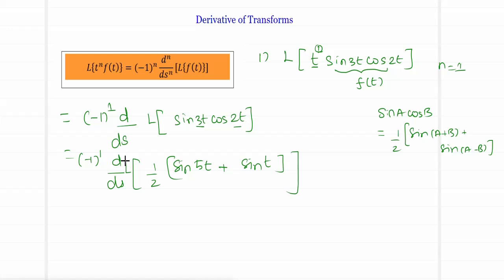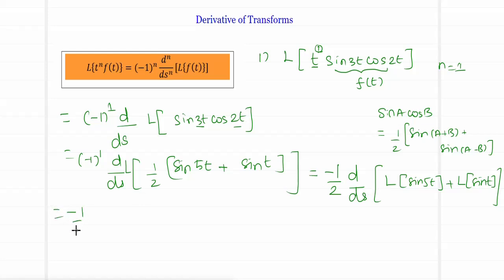So now, what will happen? This half being a constant, I can take it outside. So it comes out as minus half, because I have a minus 1 power n. Now this becomes d by ds of Laplace of sine 5t plus Laplace of sine t, for which I need to find the derivative.